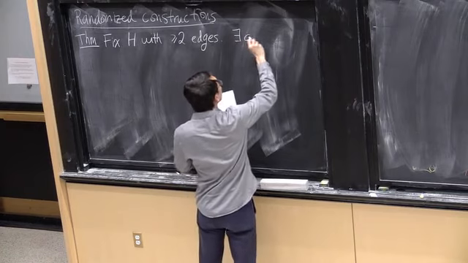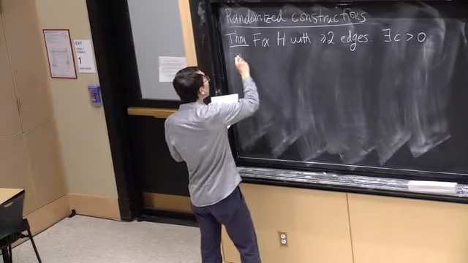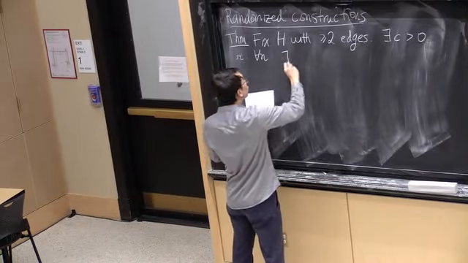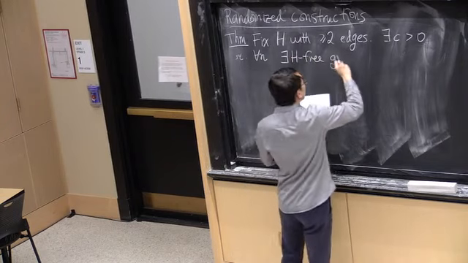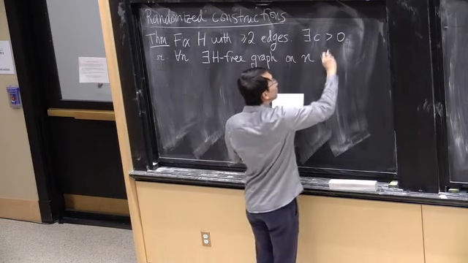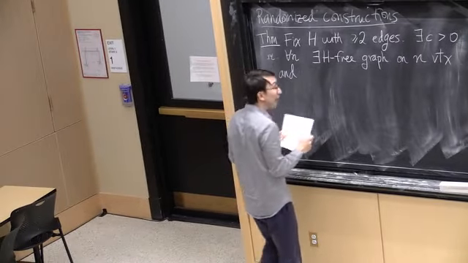The claim is that there is some constant C such that for every n, you should think of n as being large, there exists an H-free graph on n vertices and having lots of edges.